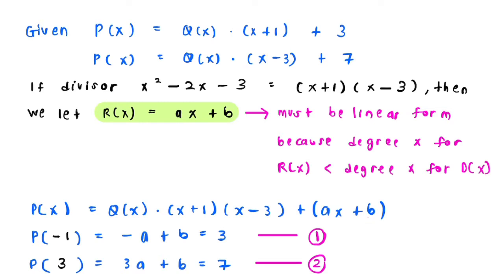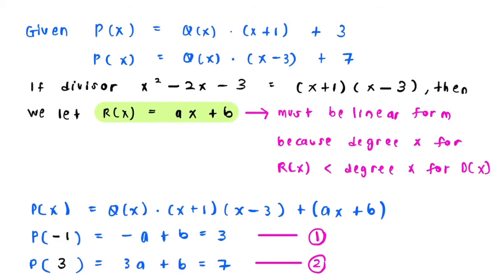So how? Just substitute the two given x values. The first x value, which is negative 1, comes from the first divisor, x plus 1. When you substitute x equal to negative 1, the answer is equal to the remainder, using the remainder theorem. When you substitute the value, the last answer is the value of the remainder.